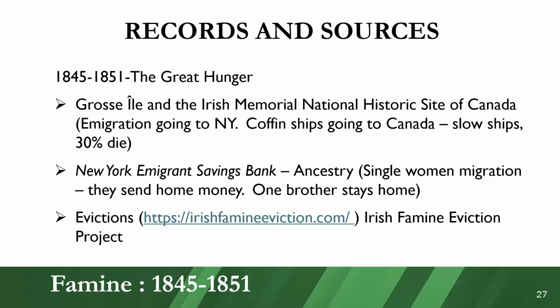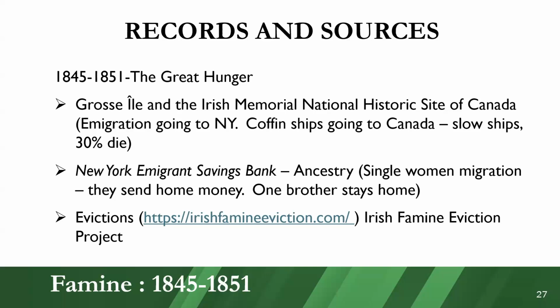However, the difference between the English ships and the American ships was that the English ships weren't as well built as the American ships, and they took a lot longer. So a 2-week trip on an American ship might have taken a month or more on an English ship. And if they're going to Canada first, and then had to cross the border over into America, that took a little bit longer.